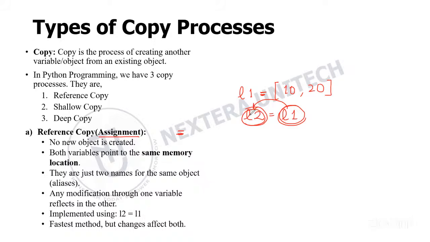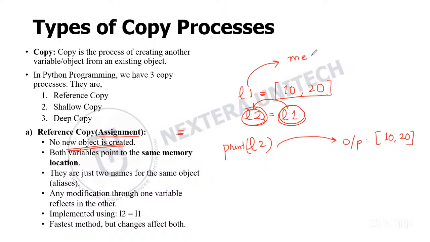If you try to print L2, this will print the output 10, 20. Here, using the reference copy, no new object will be created. The same list is copied, and L1 will refer to some memory address. This list object is saved at some memory address in your computer memory, right?